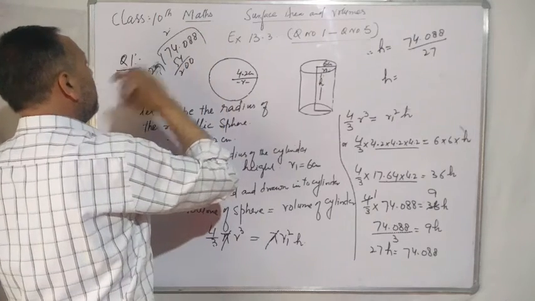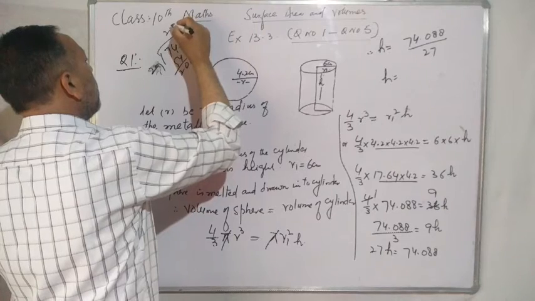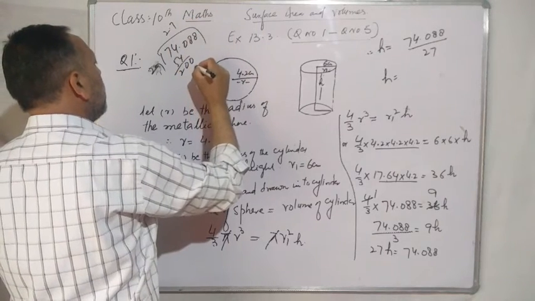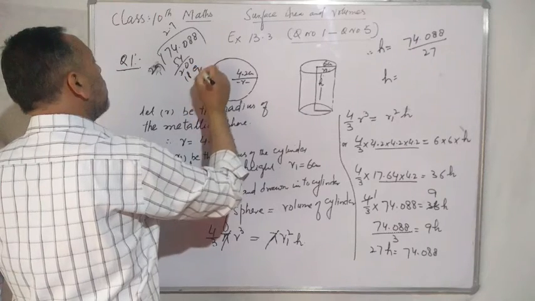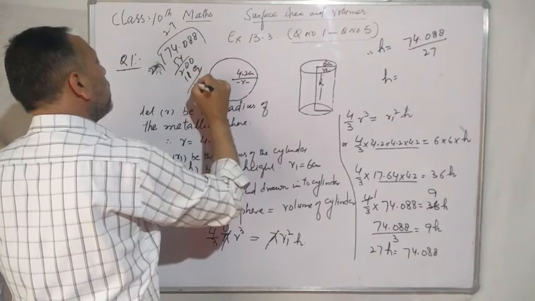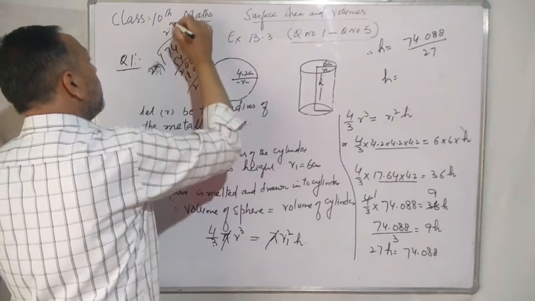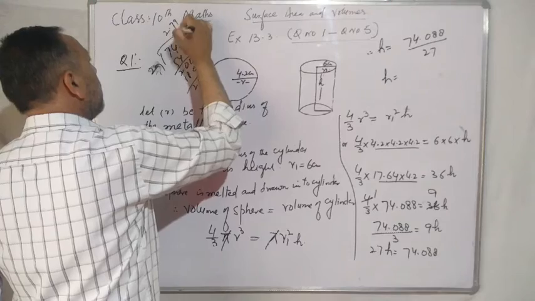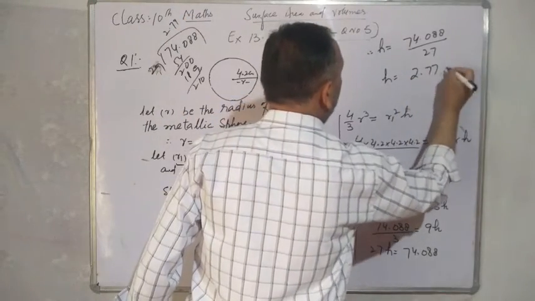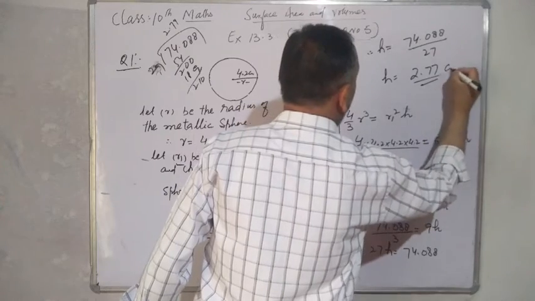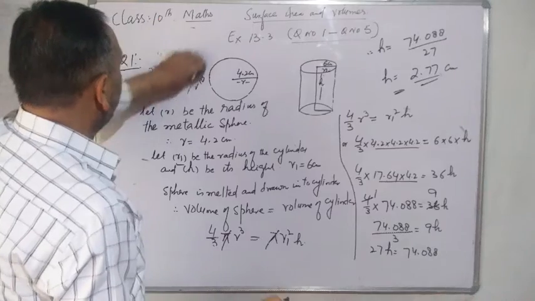Then 7, then 10 minus 8 is 2, 0, again 7. It is 2.77 something. So it will be 2.77 centimeter. So the height of this cylinder will be 2.77 centimeter.